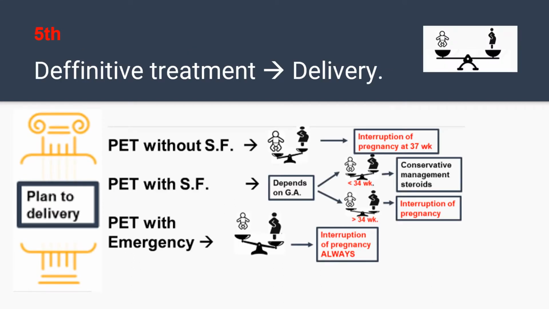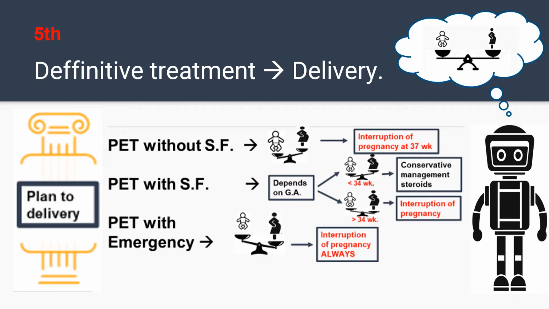So the fifth pillar, and the most important because it's the definitive pillar, is the plan for delivery. Here is the moment when we have to think more. Here we can make the difference. We don't have to be robots, or if we are robots, we have to think about the balance.